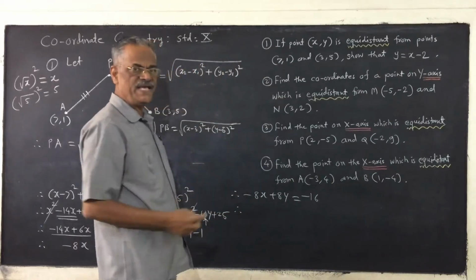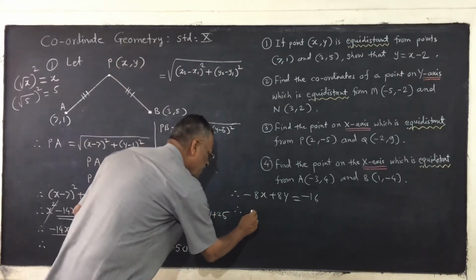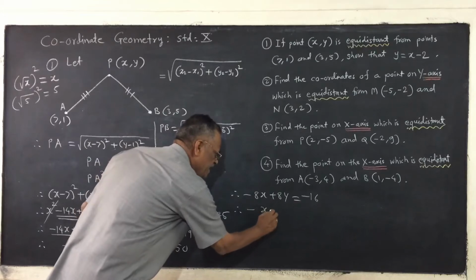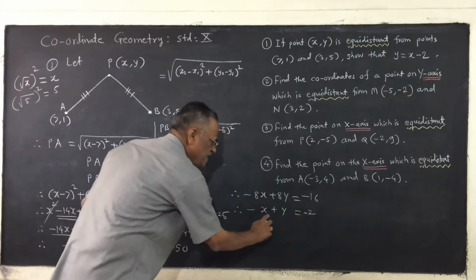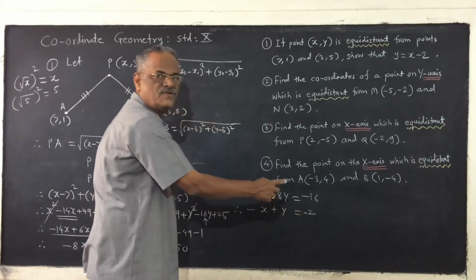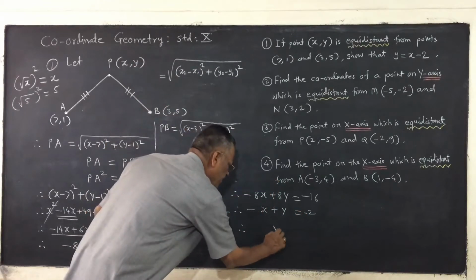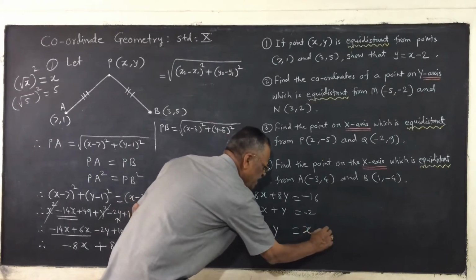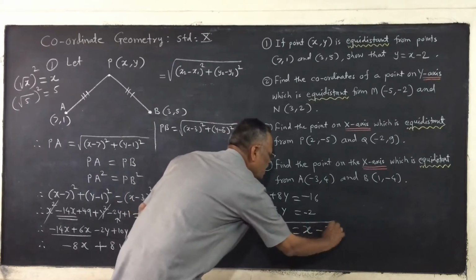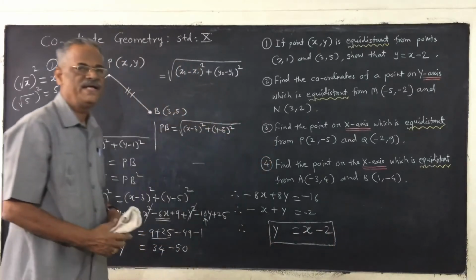So we can divide here by 8. If you divide by 8, you are getting minus x plus y is equal to minus 2. And last step, y is equal to x minus 2, transferring this negative x to the right hand side. So you are getting the required relation.